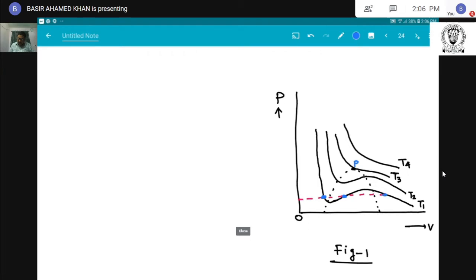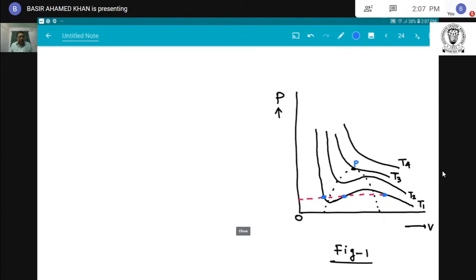For a particular pressure there are 3 values of volume, which deviates from our experimental result.